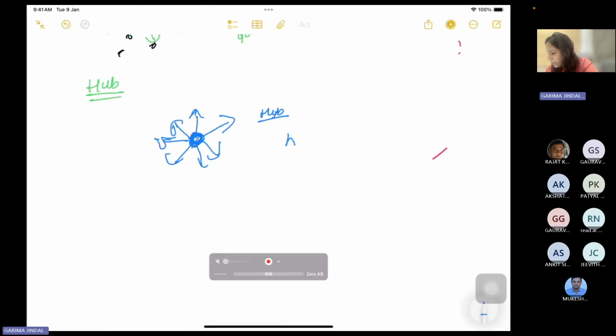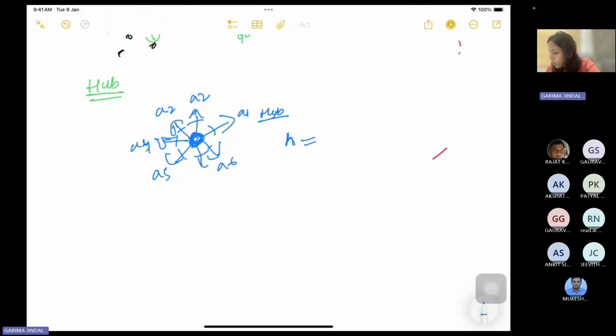The hub score will be the summation of all the edges that are outgoing. So maybe this is A1, A2, A3, A4, A5, A6. The score of this hub will be A1 plus A2 plus A3 plus A4 up till A6.